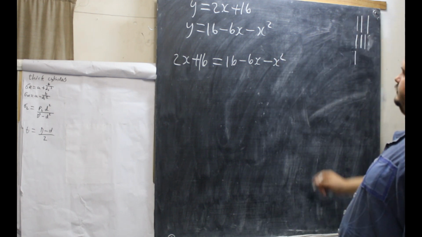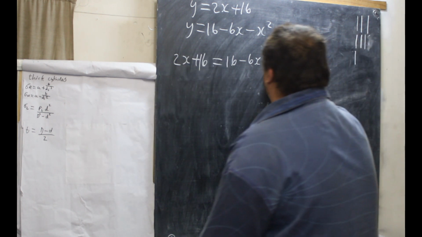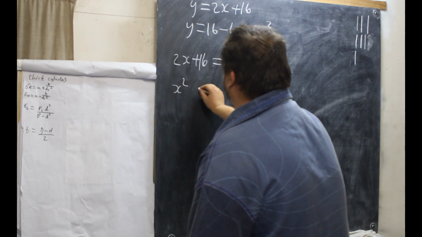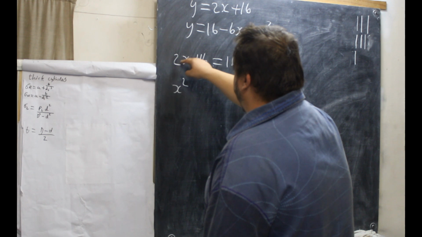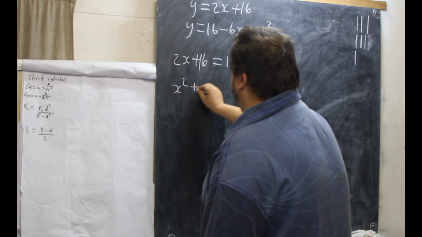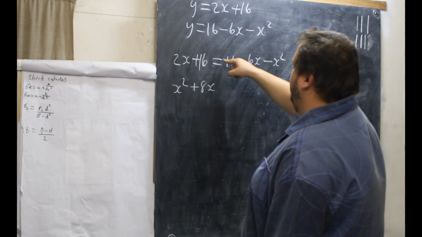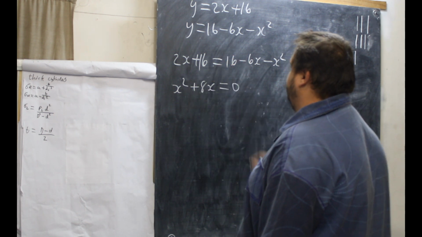Now, what I'm going to do is bring everything over to that side. So let's do that. x squared becomes positive x squared. Minus 6x becomes positive 6x plus 2x is plus 8x. And plus 16 becomes a minus 16, which cancels with that, which equals 0.